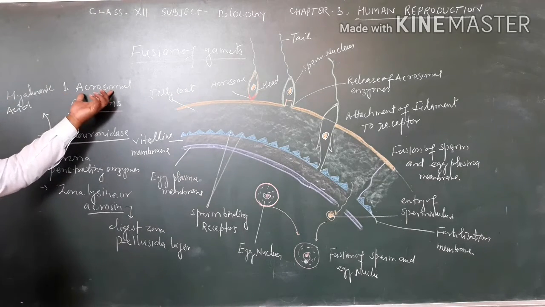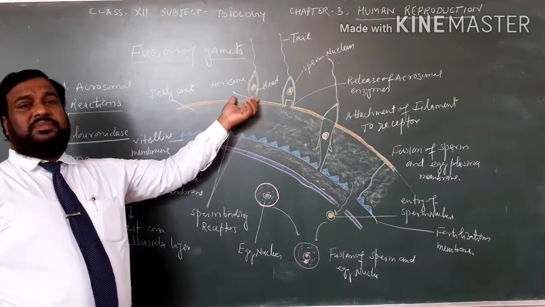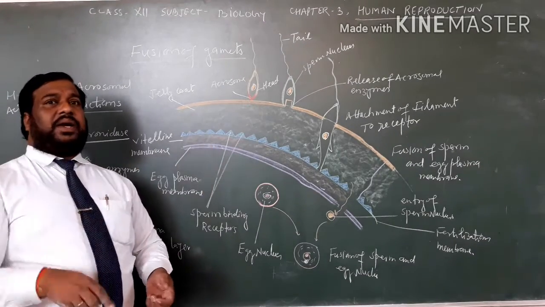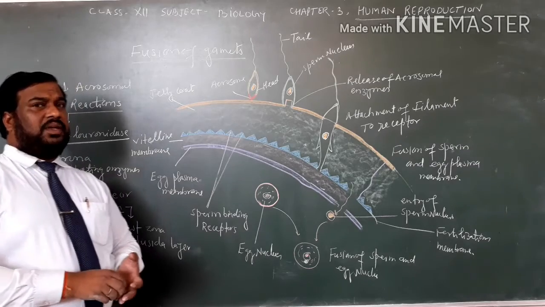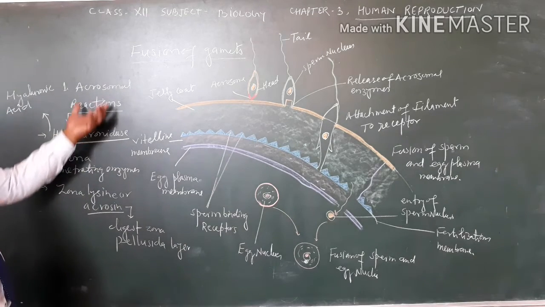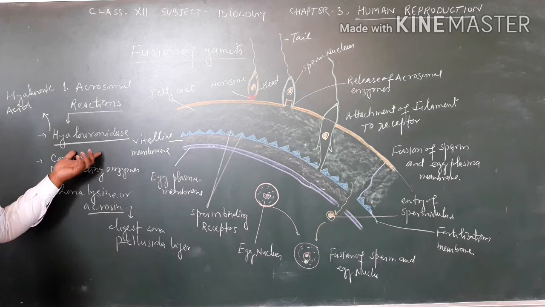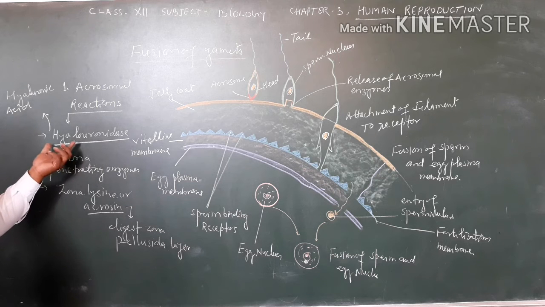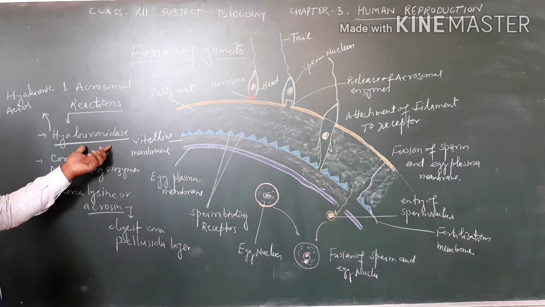first one, acrosomal reaction, means how the acrosome, the anterior part of the sperm, interacts with the ovum. This acrosome has three factors. One is hyaluronidase, also known as sperm lysin.